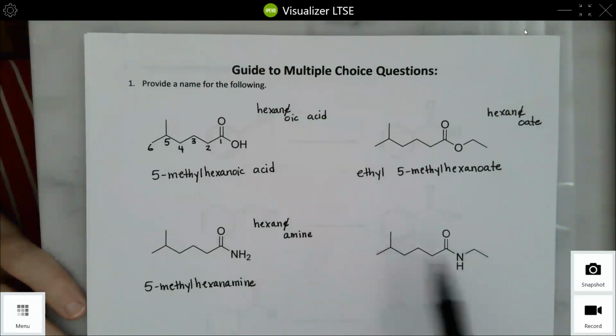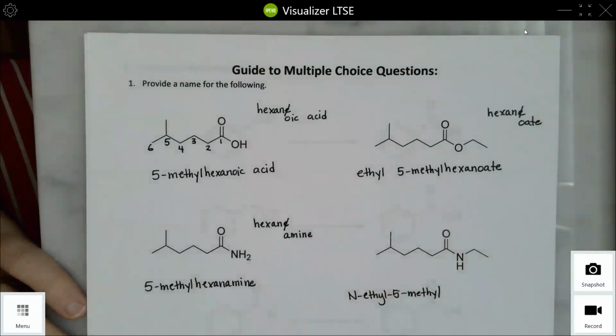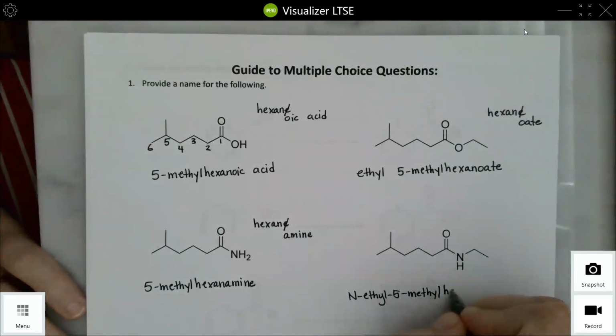So M for methyl, E for ethyl. Ethyl comes first alphabetically. So we would do N-ethyl-5-methyl. And then because it's an amine, the parent is the same. So we would just continue with hexanamine.